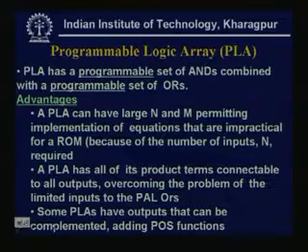So if I have n variables, then 2n signals are needed for the n variables and their complements, but it can realize very efficiently if the min terms are very few. So if n is large but the min terms are very few, then the PLA is a very efficient structure rather than PROM.